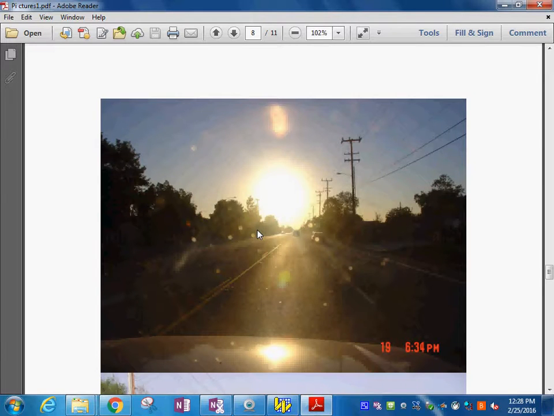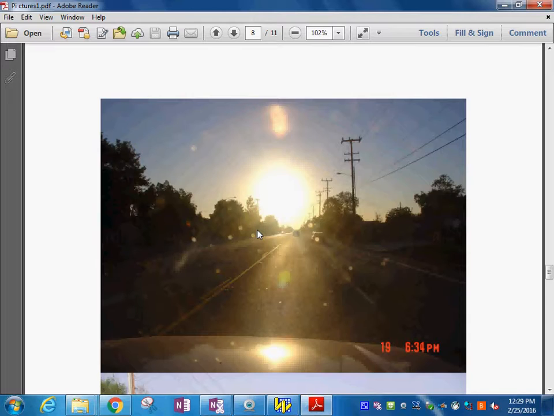So the question is, would the visibility of the driver be impaired by the sun in this case? Is that a factor? I think that's part of the investigation.